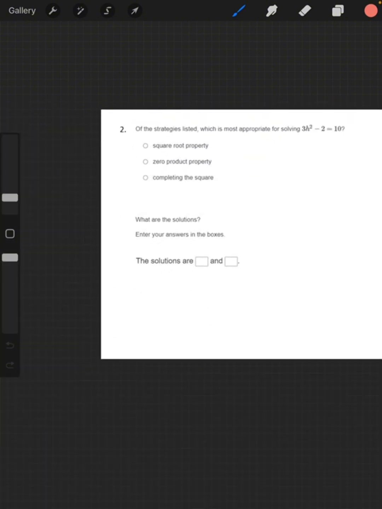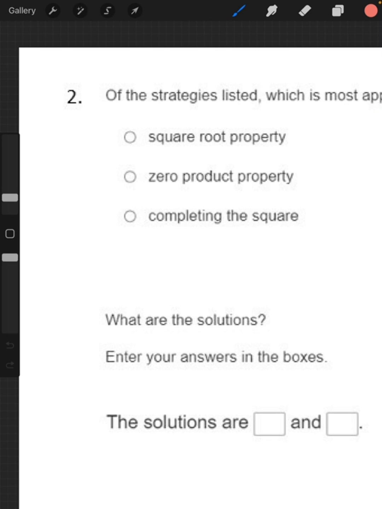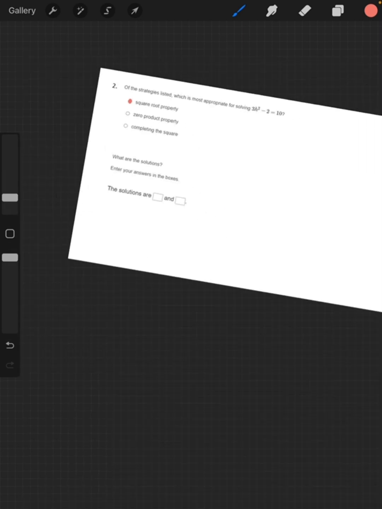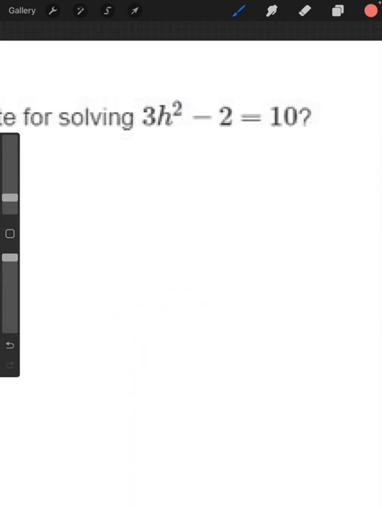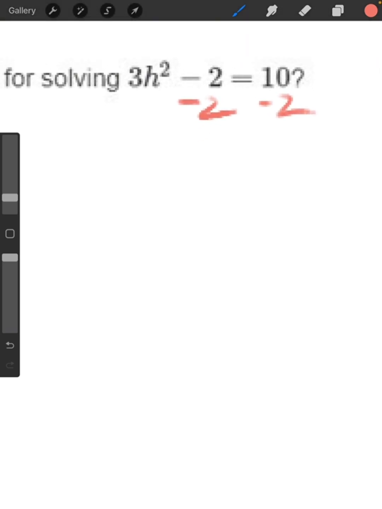I think the square root property would be best, but we're about to find out because I'm going to do this. Let's subtract the 2 from both sides. That would be 3h to the power of 2 equals 8.